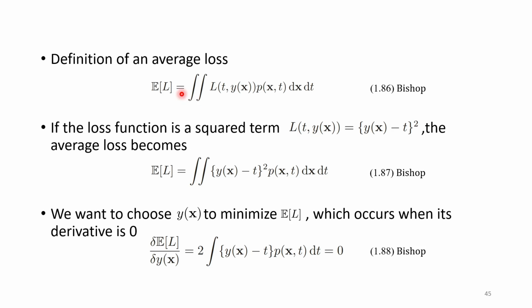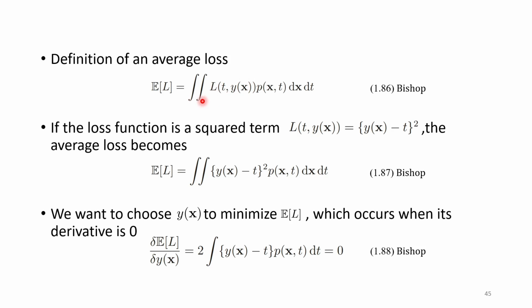The definition of the expected loss is as follows: there are many possible input vectors x, and each of them may have a probability of the output observation t, and they have a joint probability density function. For this x, t pair, we can calculate the value of our model y and its value, so we will generate a loss function.